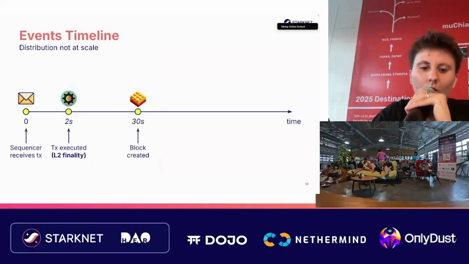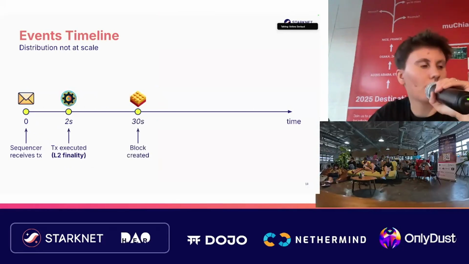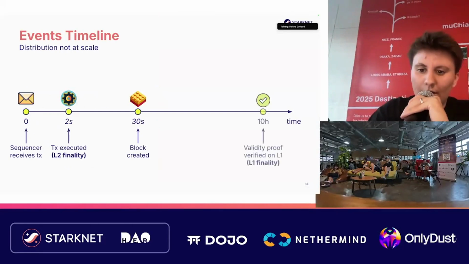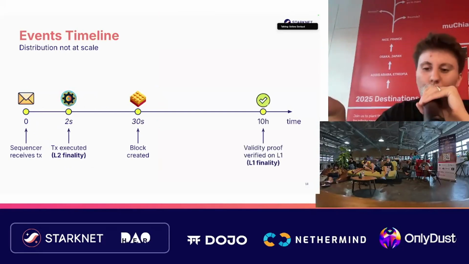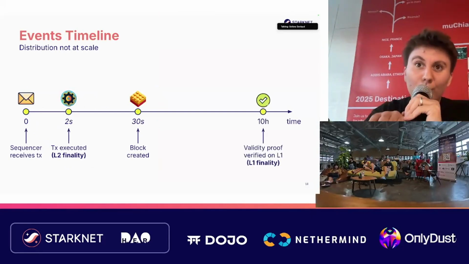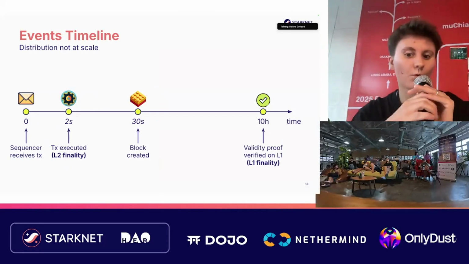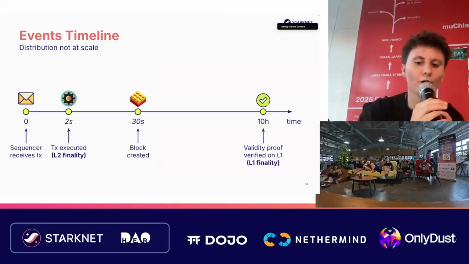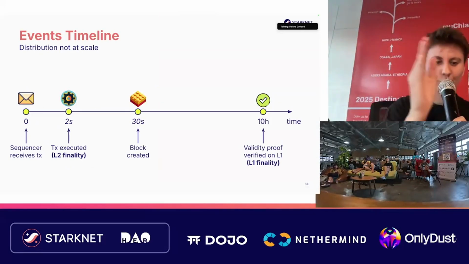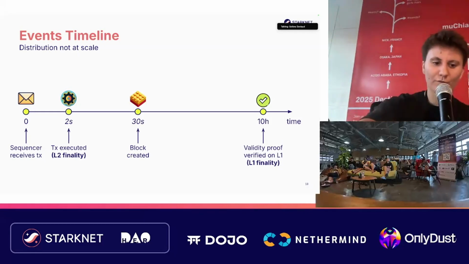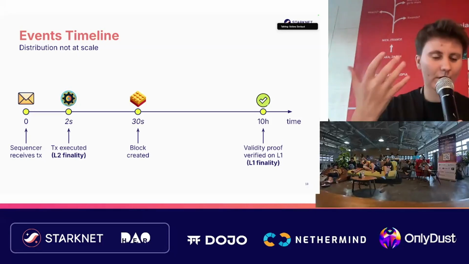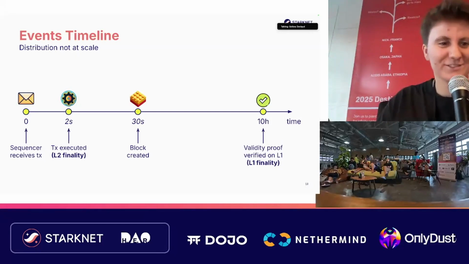Then every 30 seconds, a block is created. And at the end of the process, the validity proof is verified on layer 1. So it's the layer 1 finality. You have two things, layer 1 finality and layer 2 finality, like I said. It's important to have these terms in mind.